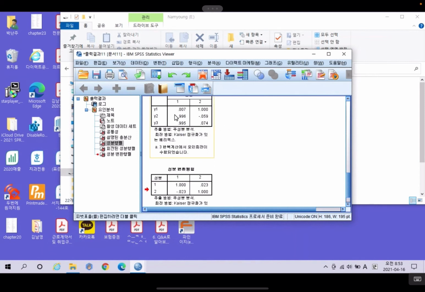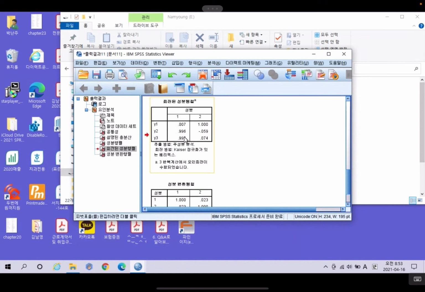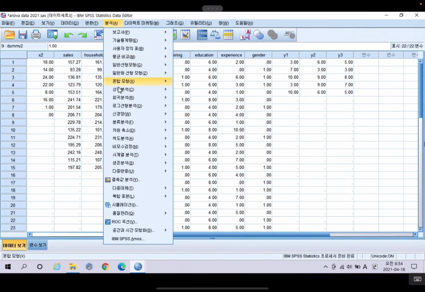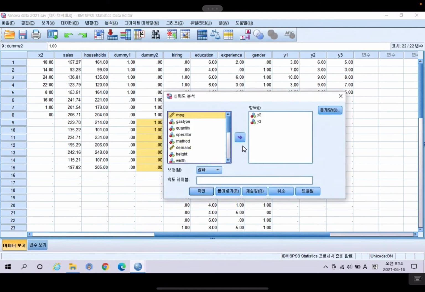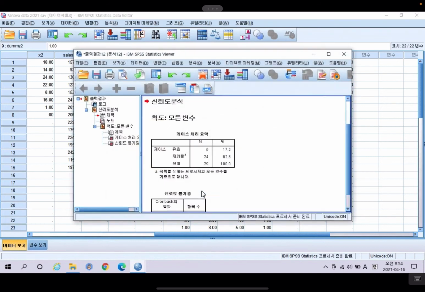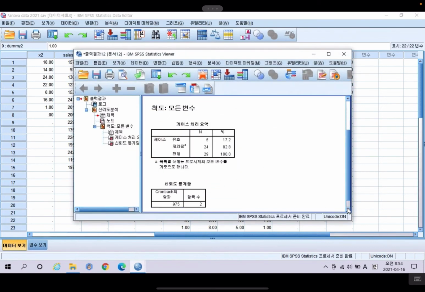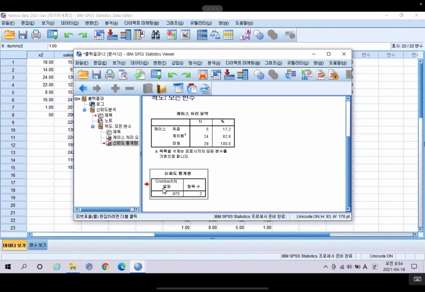Now suppose that 2 and 3 are grouped together. Then you need to check the reliability, right? So you go to the analysis, and in this case, scale analysis, right? And this is reliability, okay? And you move the variables that are grouped together to the right, and you click this one, and then you get the Cronbach alpha value here.